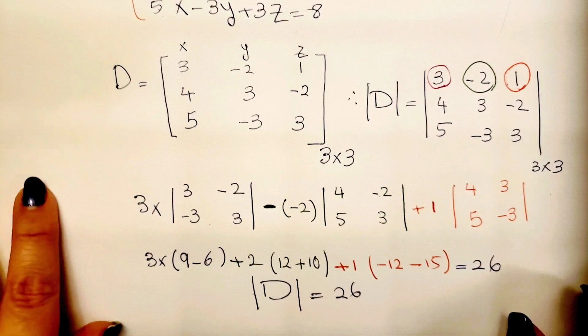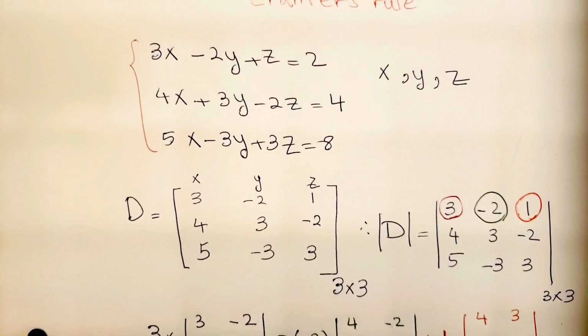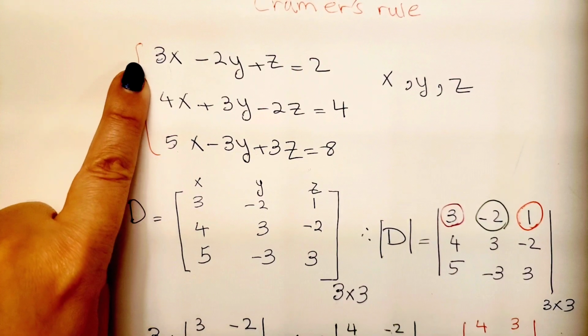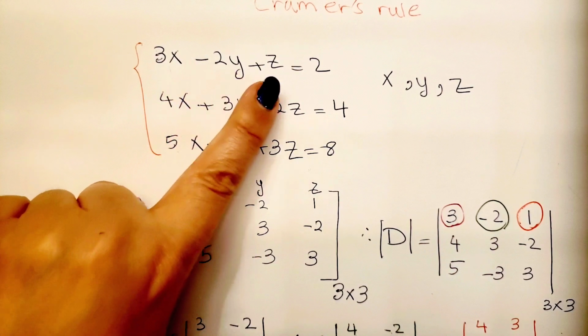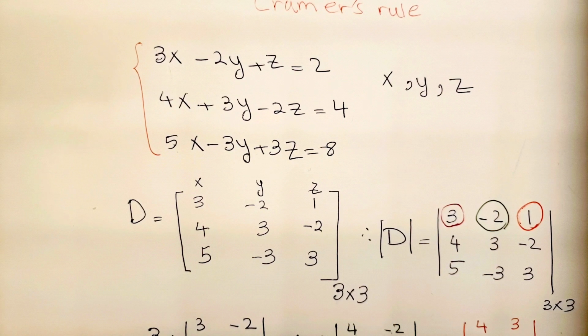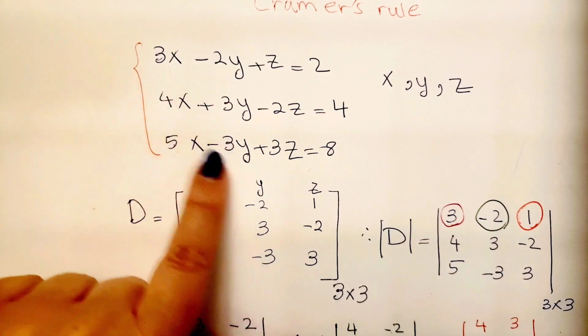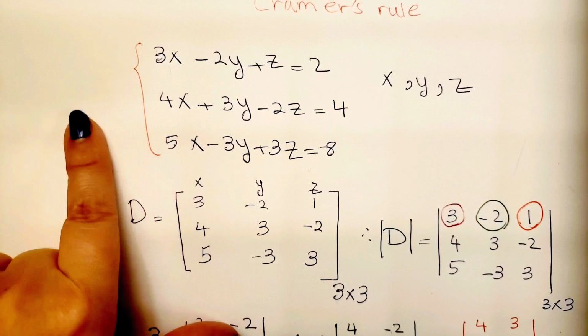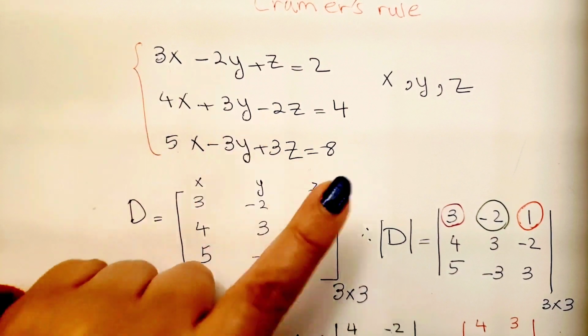Okay, so from here, we have to calculate Dx, Dy, and Dz. Remember, in the previous video, we only had two equations and two unknown variables, so we only had to calculate Dx and Dy. But here we have three different variables, so we have to calculate Dx, Dy, and Dz.